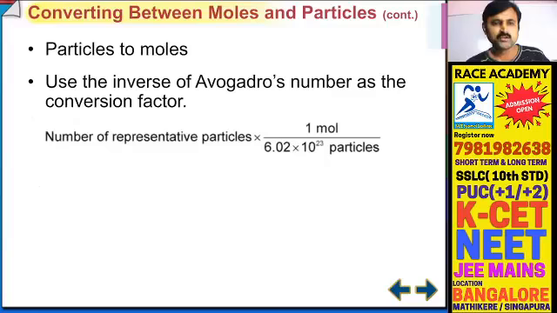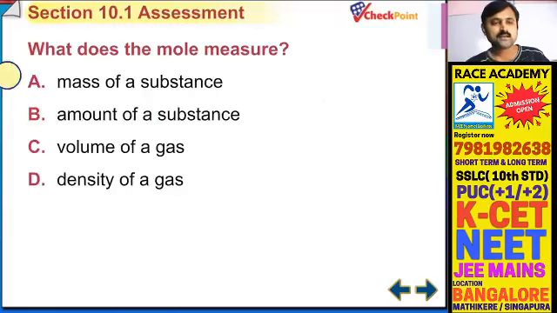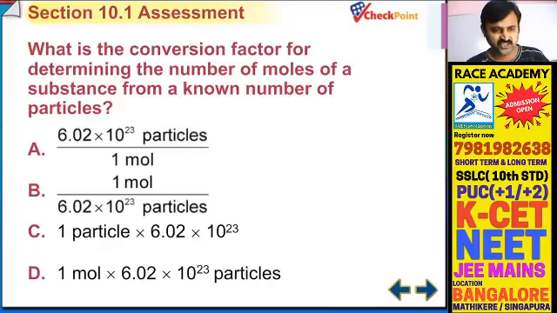Use the inverse of the Avogadro number as the conversion factor for converting particles into moles. That's why in this question, option B is the right option.